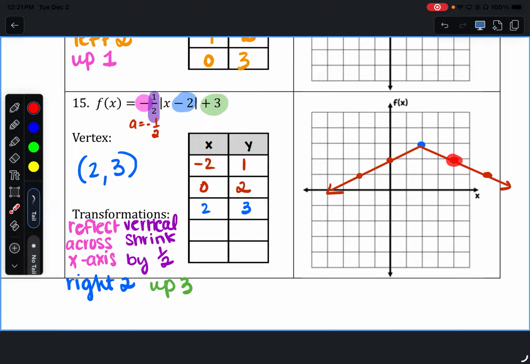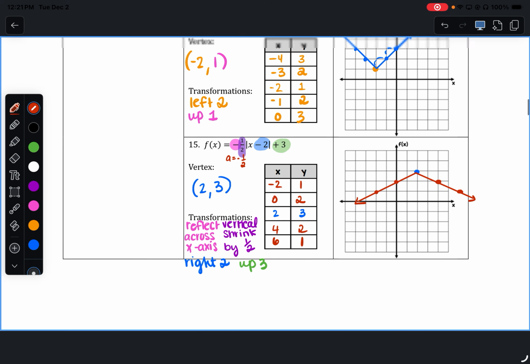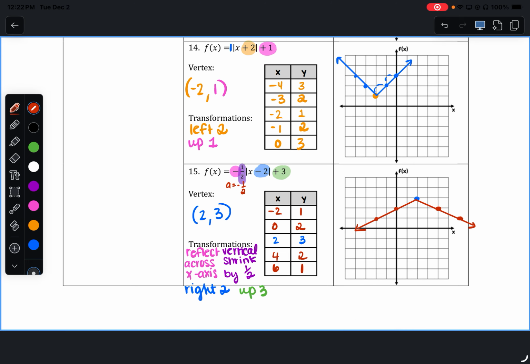And in addition to graphing these, I want us to also put the vertex and the transformations. So we're also going to put next to the directions where it says graph each absolute value function, we're going to put find transformations and vertex.